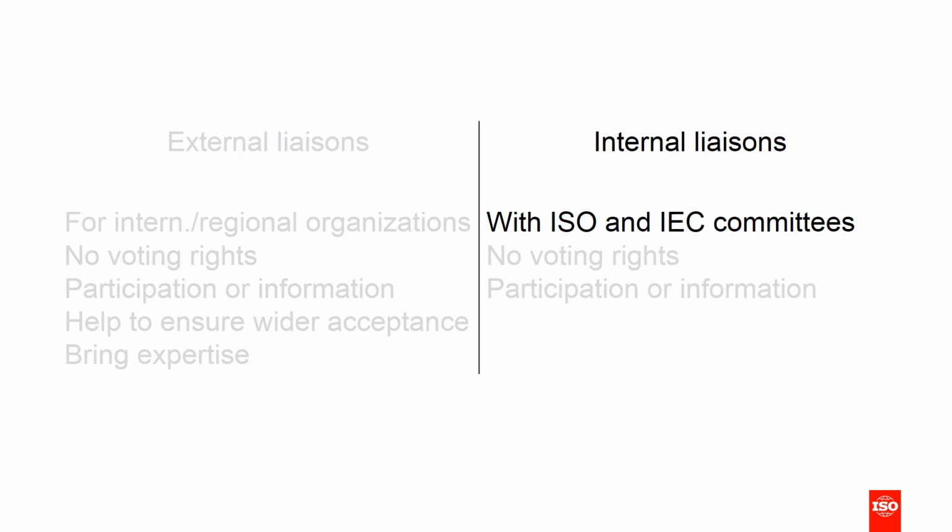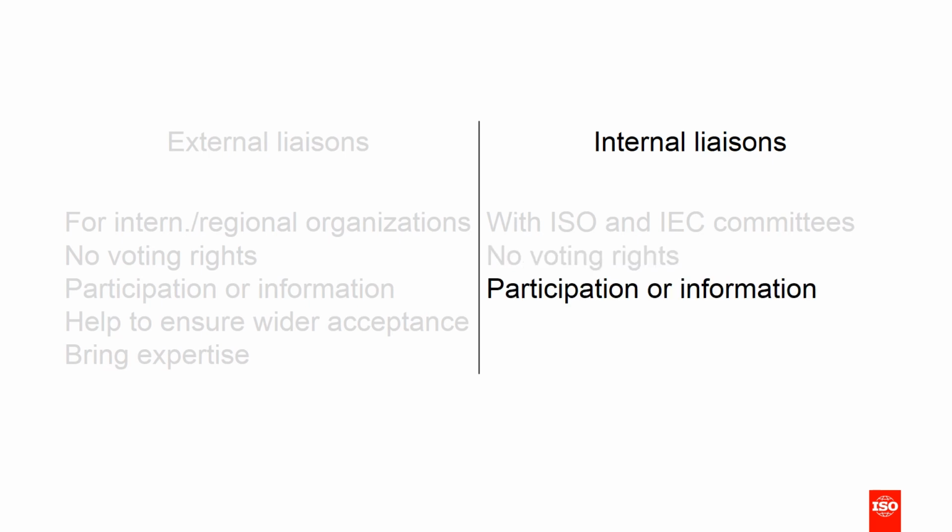So internal liaisons, like external liaisons, have no voting rights, but they can participate by submitting comments on the documents, and also they remain informed of the progress and receive all the relevant documents.